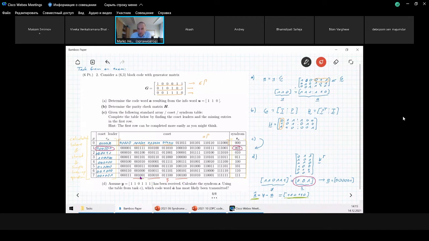And of course, the best we can do is selecting any of these 3 patterns. In 1/3 of the cases where the syndrome 111 occurs, we would actually be able to correct the errors, because in 1/3 of the cases, these 2 wrong bits will actually have caused the syndrome to be 111. But in 2/3 of the cases, things will go wrong. We would observe the syndrome 111, we correct the 3rd and the 6th bit, and it would be wrong.